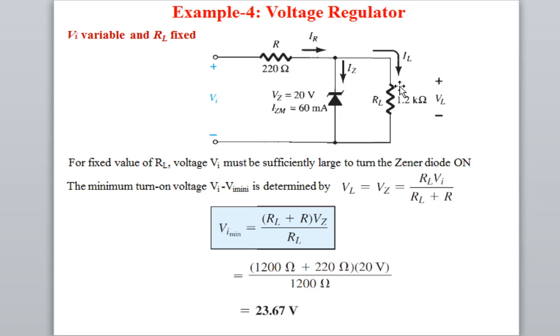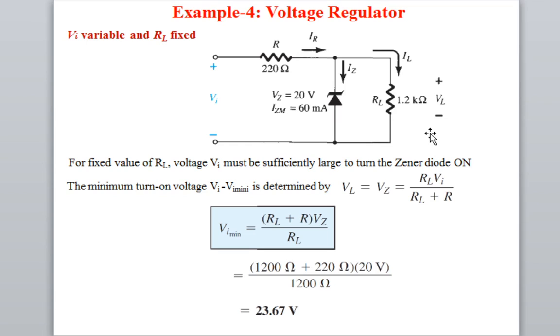Now in order to solve such a problem, the basic condition is that this circuit will behave like a voltage regulator circuit if your Zener diode is in conducting state. It means that whatever input voltage you choose, it must be sufficiently large to keep the Zener diode in conducting state, or on state, for a given fixed value of load resistance.